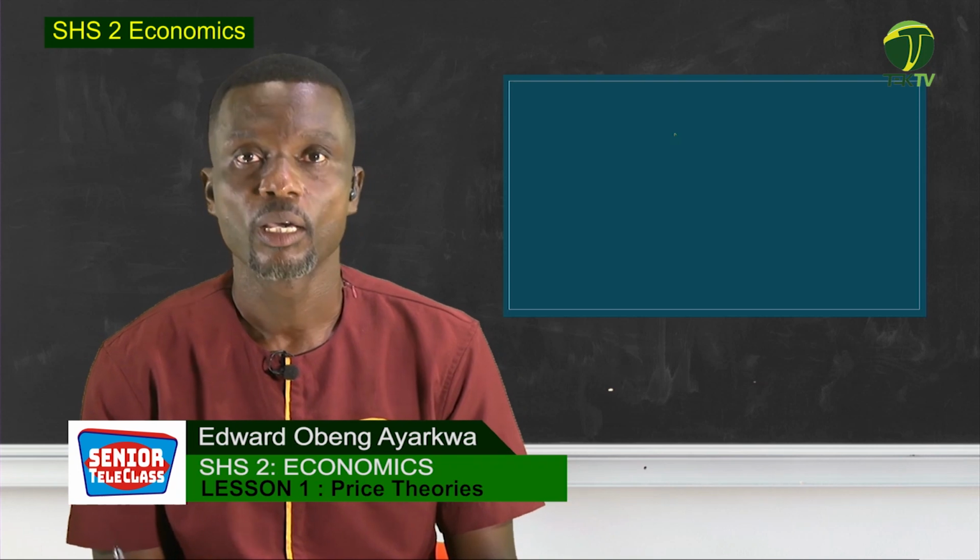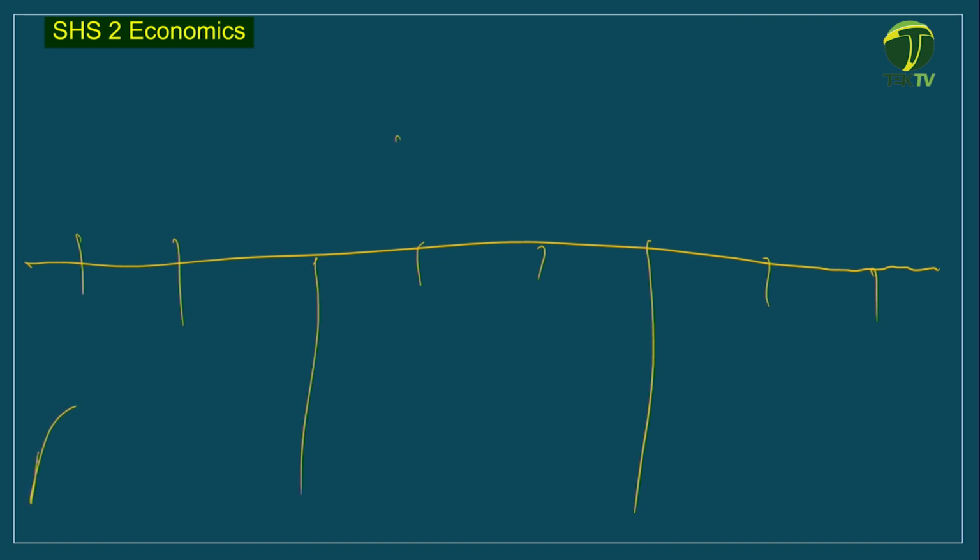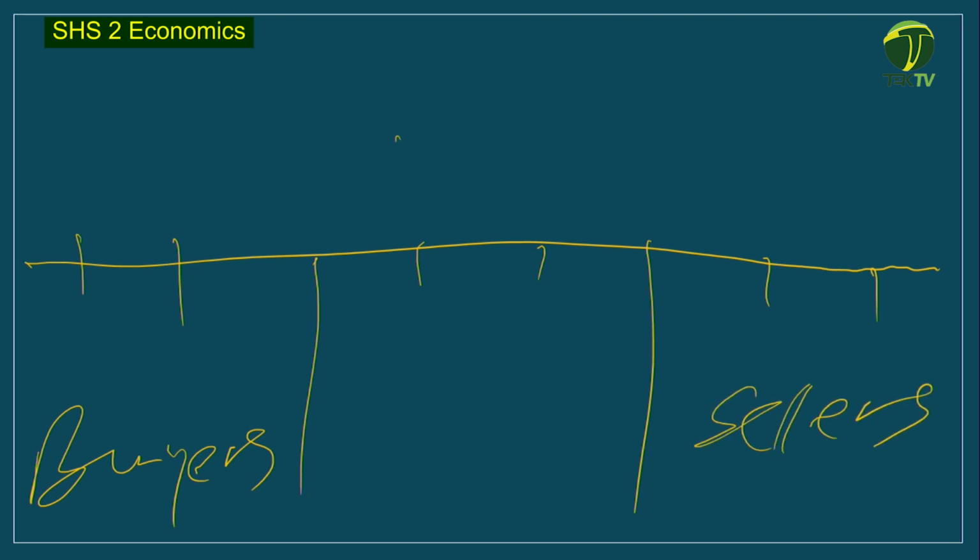Follow with me on the board. Let's assume that this line I have here is a range of prices. On my left are the buyer's range of prices, and on my right are the seller's range of prices.